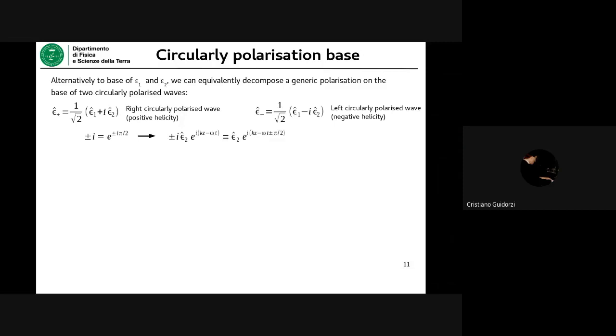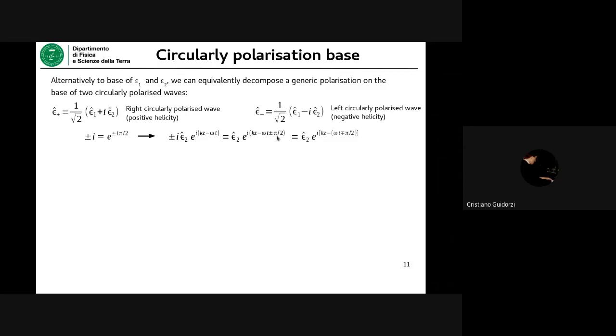So if you consider, for example, the second term here, either plus or minus i epsilon 2, then times the spatial temporal part, it means that plus or minus i times means adding or removing in the argument of the exponential pi half, okay?